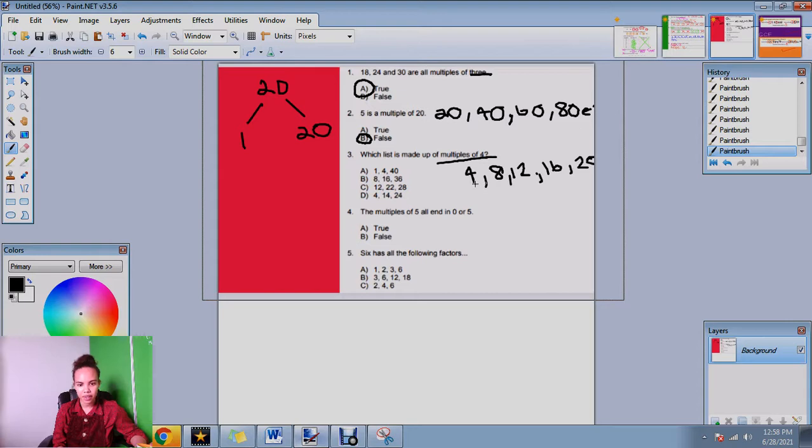Okay, it keeps going, right? So it's not A because 1. 8, 16, and 36. Yes or no? Yes. Why? Because that's the second multiple of 4. That's the fourth multiple of 4. And that 36 is the ninth multiple of 4.